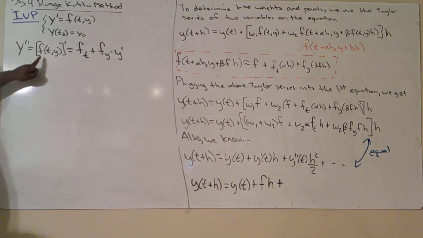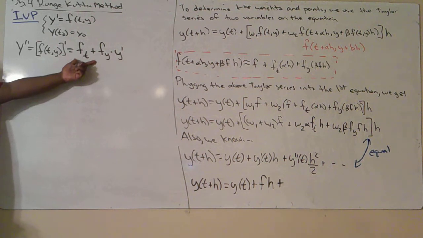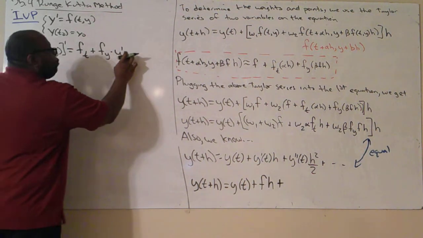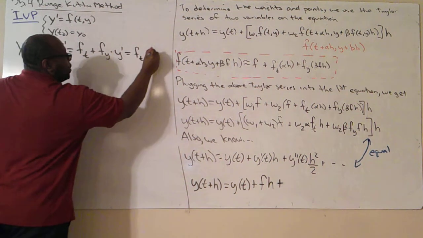So the derivative of f with respect to t is going to be equal to this by chain rule, because y is a function of t. You have to go back to calculus 3 for this one. But what is y prime? Y prime is really f. So it looks like this.